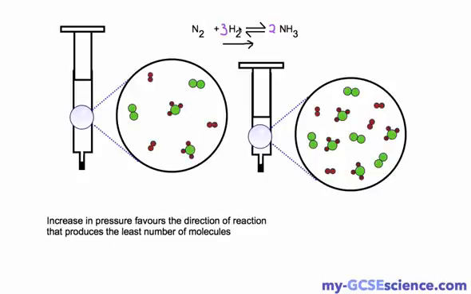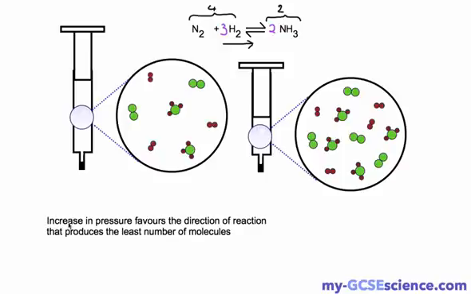Okay, so if we look at this equation here, we can see that we've got 1 molecule of nitrogen gas reacting with 3 molecules of hydrogen. So we have on this side 4 molecules reacting to produce, over here, ammonia, but we've got 2 molecules of ammonia, so we've got 4 molecules reacting to produce 2 molecules.